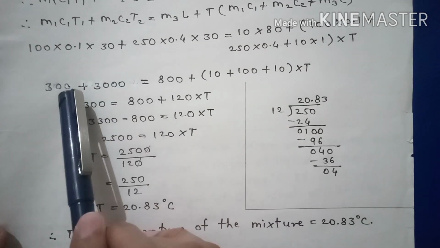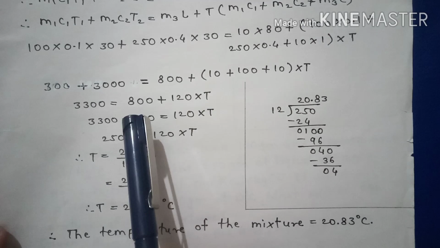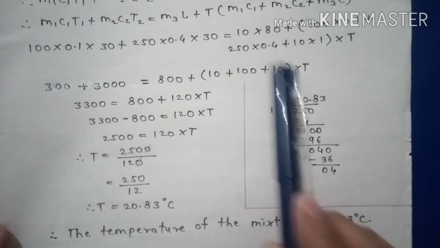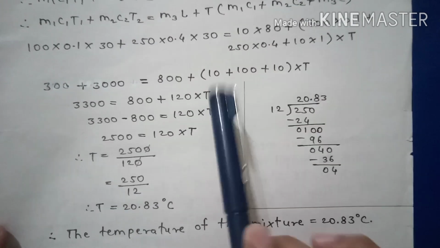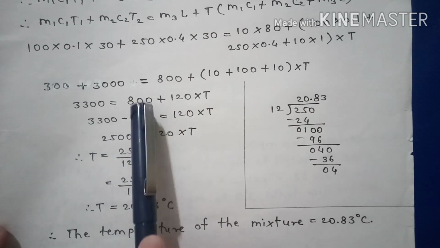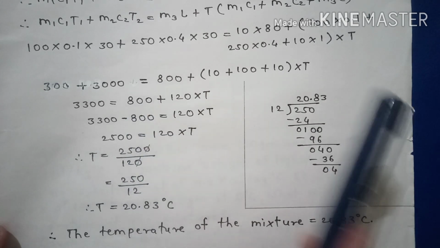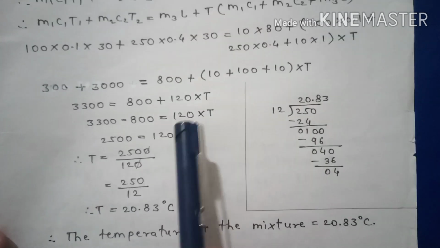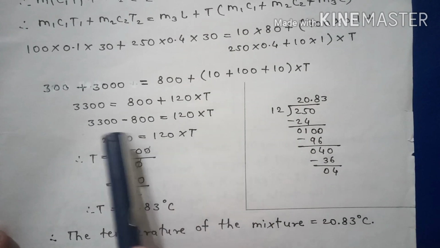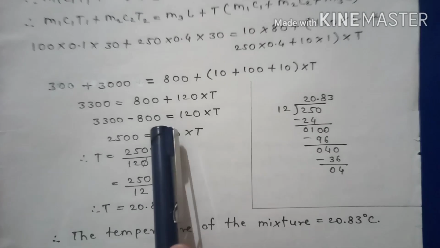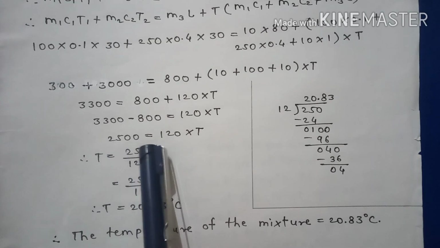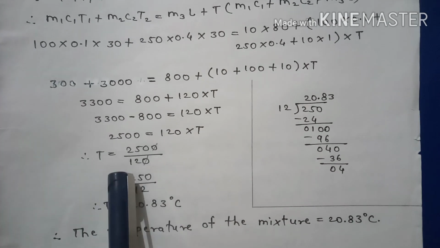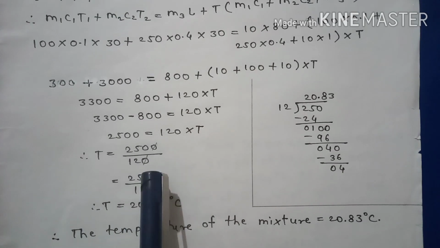Now 3000 plus 300 will come 3300, that is equal to 10 plus 100 plus 10, that is 120 into T. So 3300 minus 800, because when 800 is positive on the right hand side and comes to the left hand side it will be negative, that is equal to 120 into T. Therefore 3300 minus 800 will be 2500, that is equal to 120 into T. Therefore T is equal to 2500 upon 120.